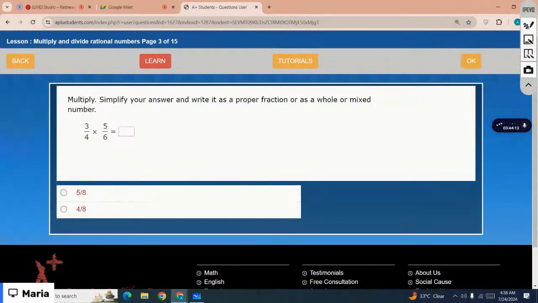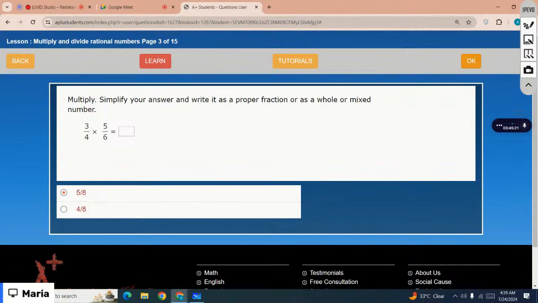3 by 4 times 5 over 6, which is the correct option? The correct option is 5 over 8.